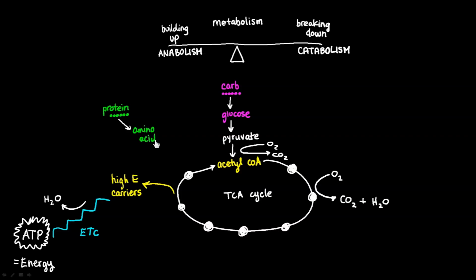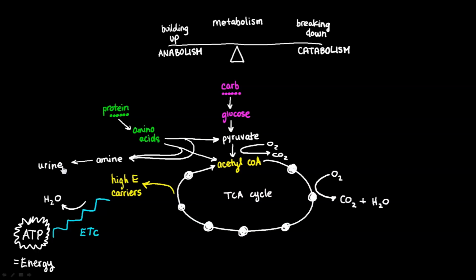And depending on what kind of amino acid you're looking at, the amino acid can either enter the system here at this level, or it can enter here, depending on which kind of amino acid it is. And when the amino acid makes this transition, something is given off, and that something is the amino group. So the amino group, or the amine, is given off, and that amine becomes one of the waste products in our urine.